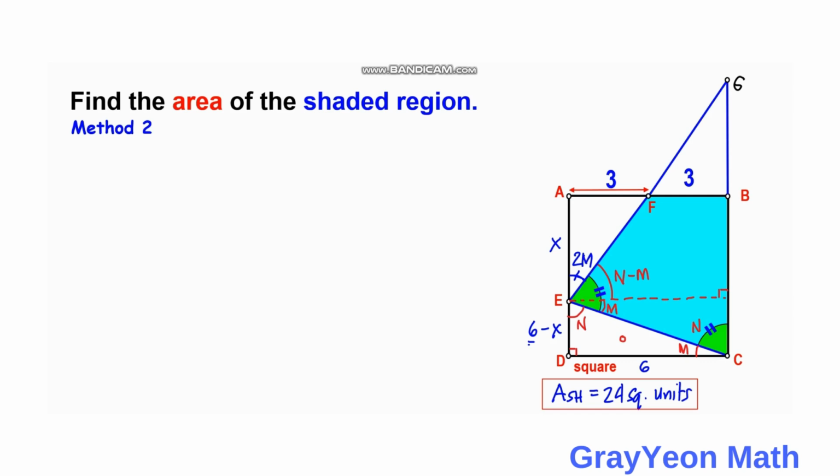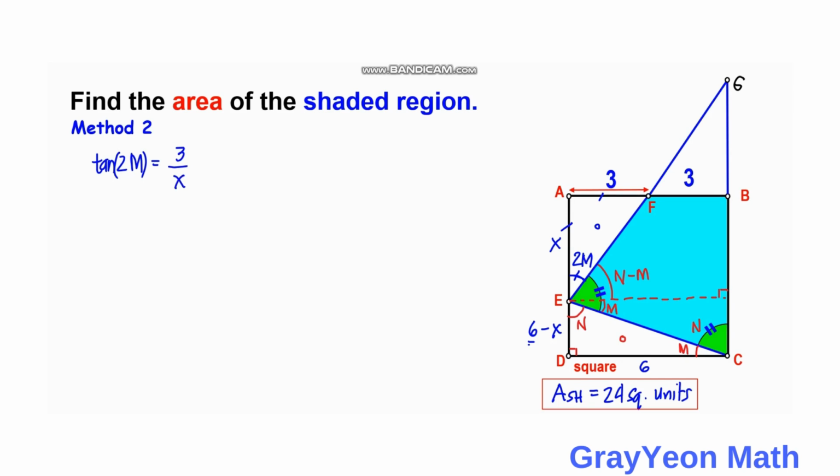So if we focus on this triangle AFE, tangent 2m is equal to opposite over adjacent. The opposite is 3 and the adjacent is x, so 3 over x.